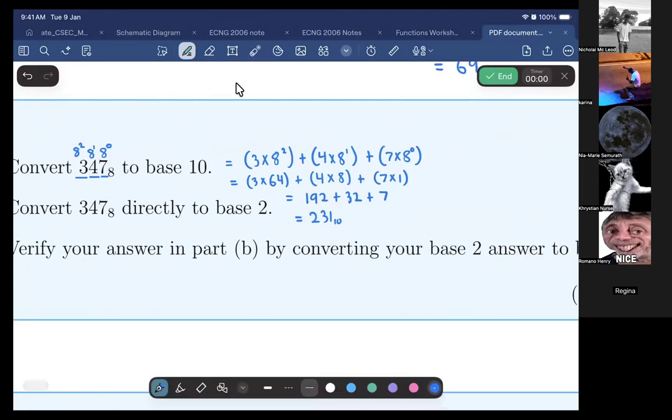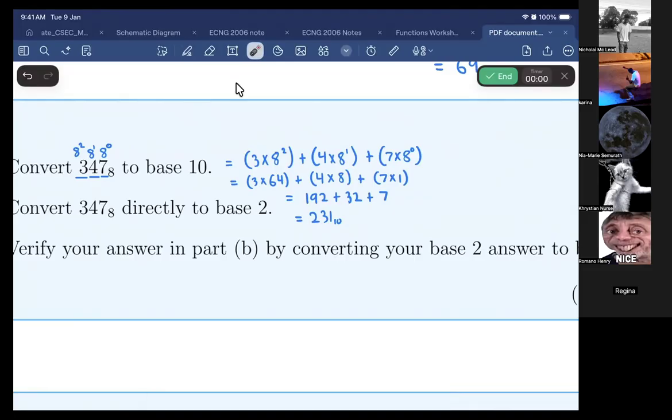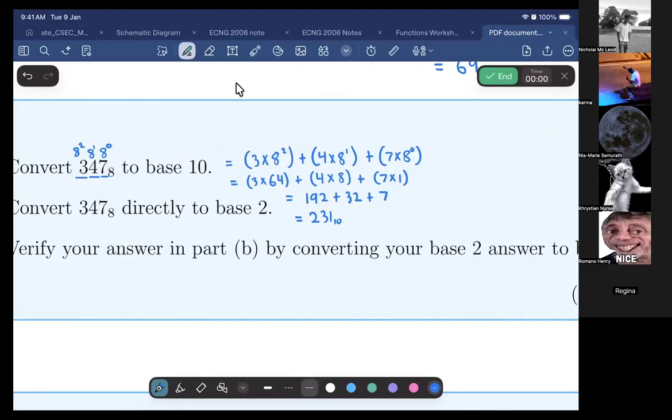Could anybody tell me how I would convert this back to base 8? If converting it to base 10 meant I multiplied, when I convert it back to base 8, what do you think I'm going to do? Divide.